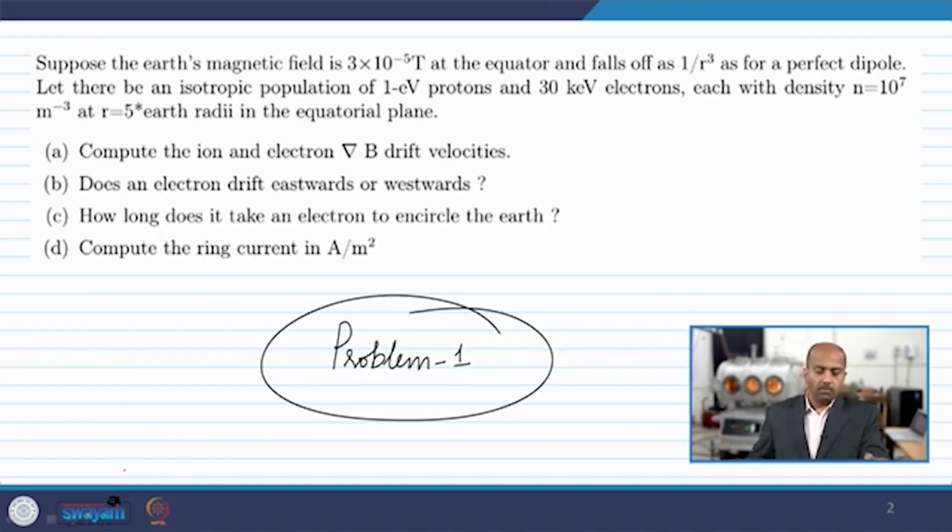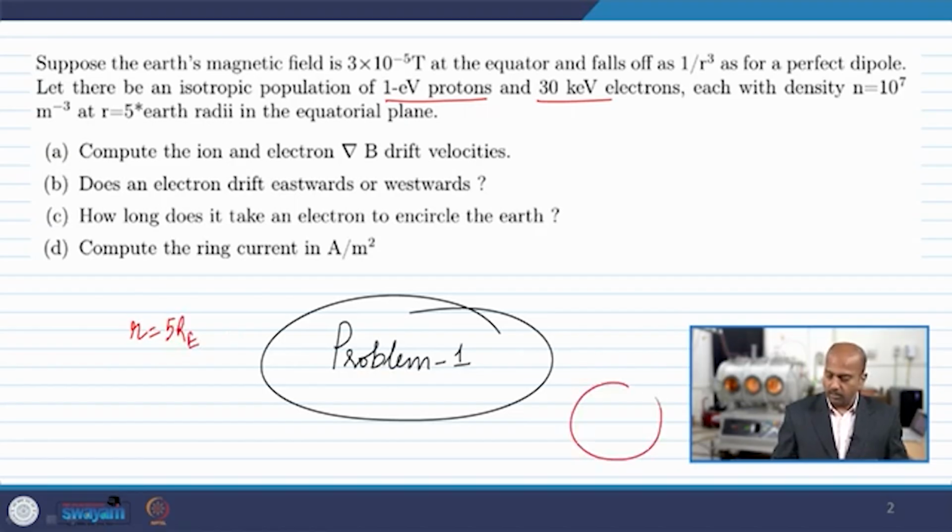Let there be an isotropic population of 1 eV protons and 30 keV electrons. The protons are much less energetic, while the electrons, though lighter, have the higher energy of 30 keV, each with densities of 10⁷ per meter cube at r equals 5 times the radius of the Earth, so r is 5 RE.